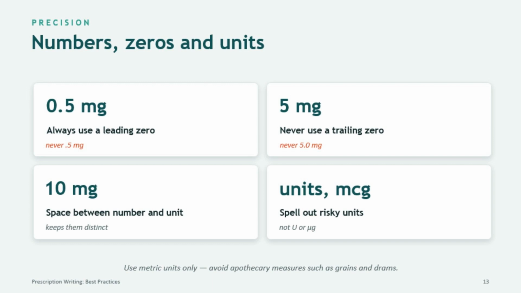Rule 3. Put a space between the number and the unit so they stay distinct, and spell out the risky units, units and mcg. Stick to metric throughout, and avoid the old apothecary measures like grains and grams.